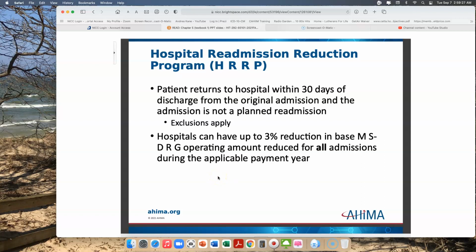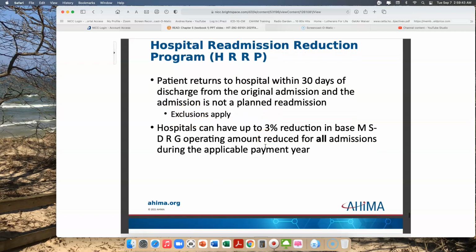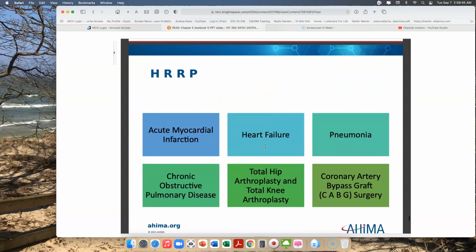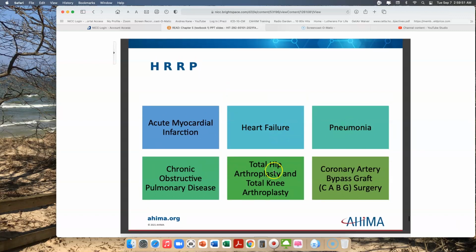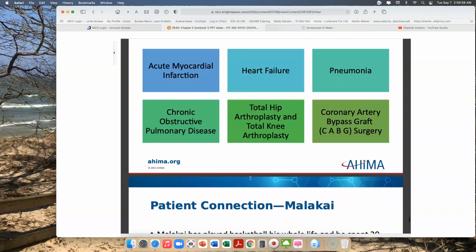So every time there's a patient who is readmitted within 30 days of discharge, someone is always looking at those cases to figure out why, and are they going to be in the exclusions, or are they going to have to be reported, and what could have been done to prevent those. So some that they're looking at are AMI, heart failure, pneumonia, COPD, total hip and total knee replacements, and CABG surgeries.